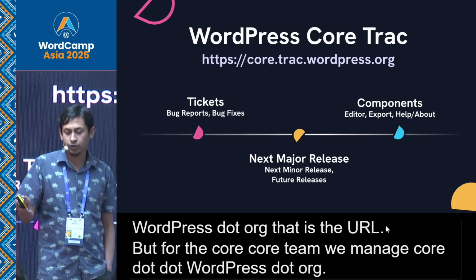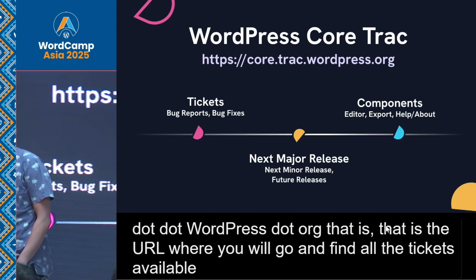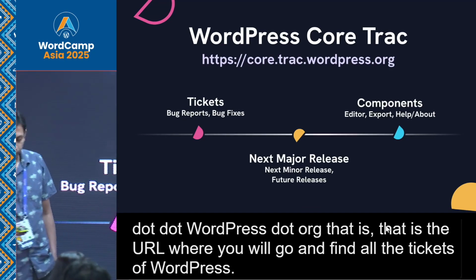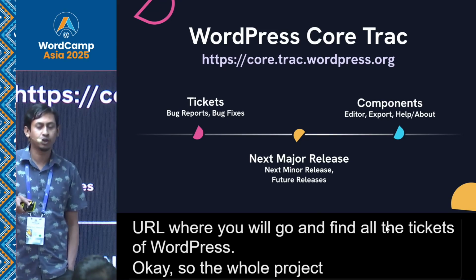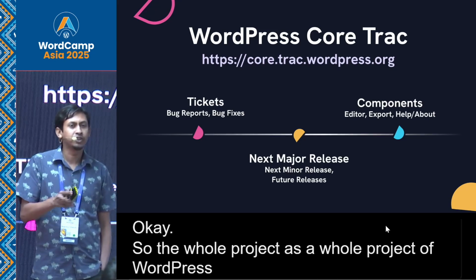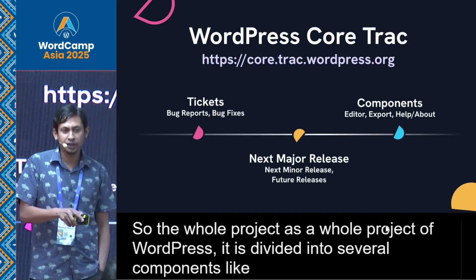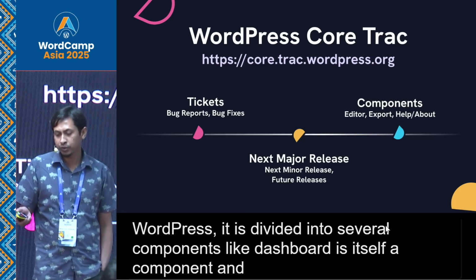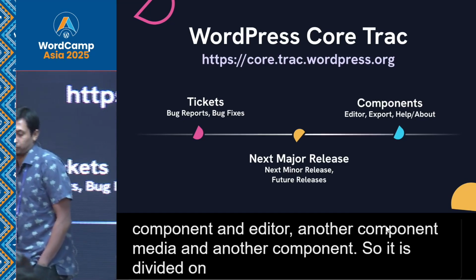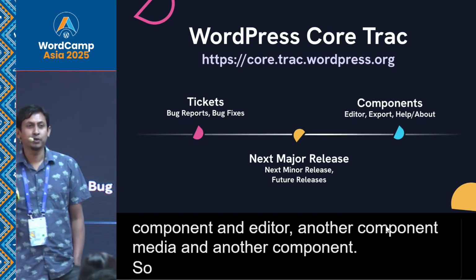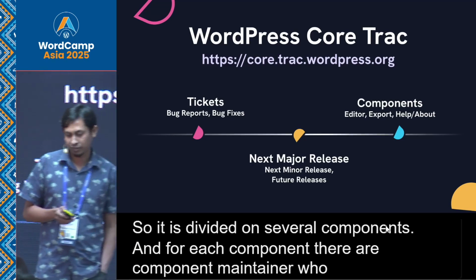That is the URL where you will go and find all the tickets of WordPress. The whole project of WordPress is divided into several components. Dashboard is itself a component, editor is another component, media is another component. For each component, there are component maintainers who take care of it.